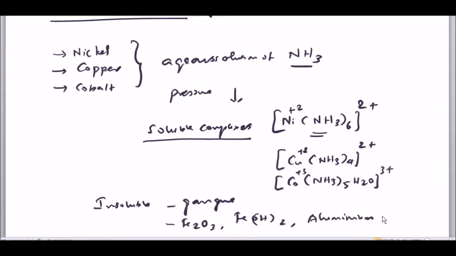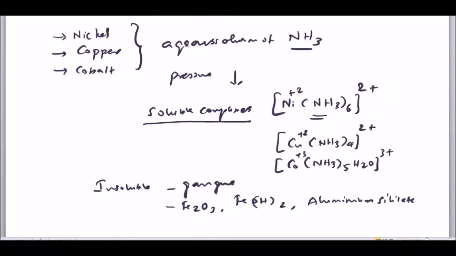These are all available, but they are not getting dissolved. So this is a method called ammonia leaching. Simply while leaching with aqueous ammonia, the metal part is getting dissolved, thereby forming complex compounds with ammonia. And the other procedure is alkali leaching.